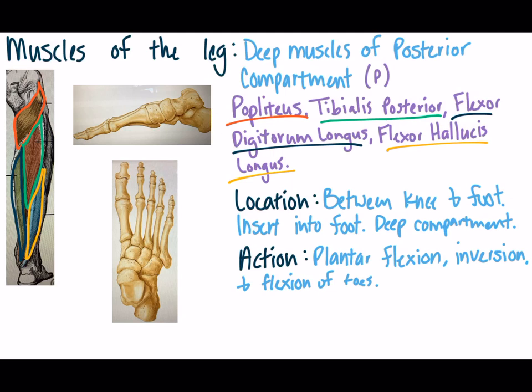The general location of these muscles is between the knee and the foot, on the posterior side of the leg. They are the deeper muscles within the posterior compartment.